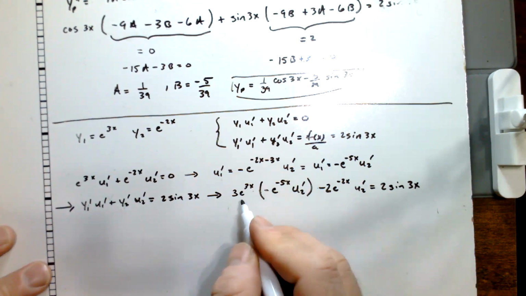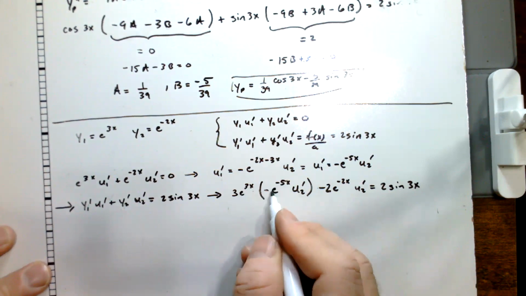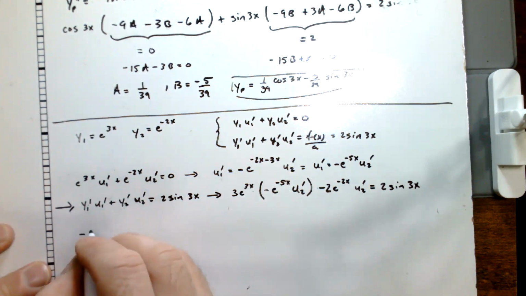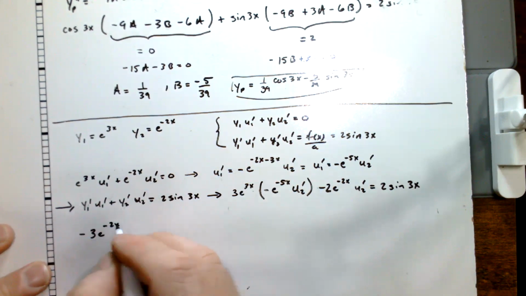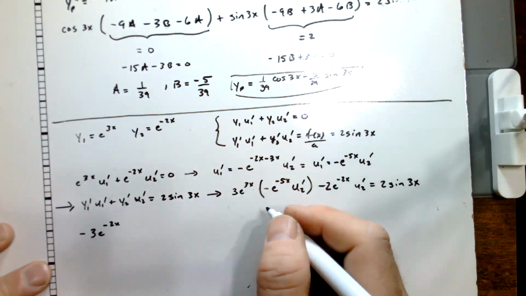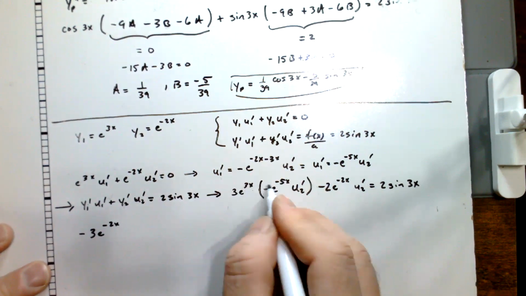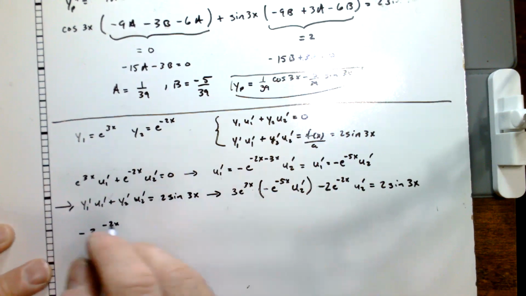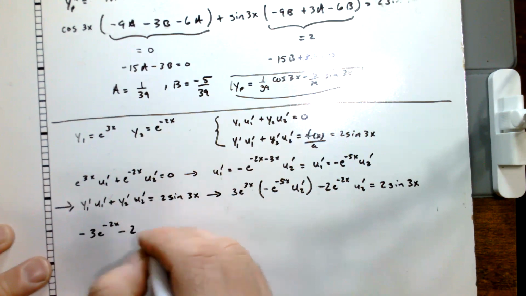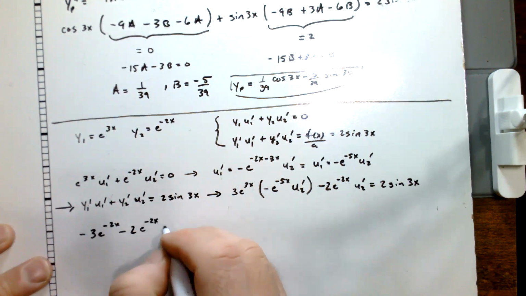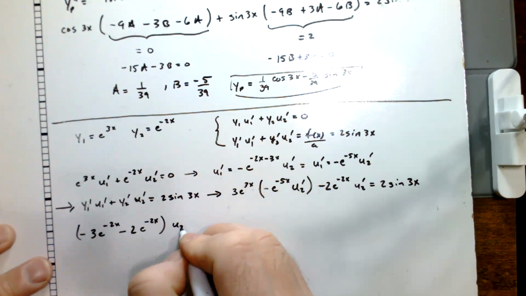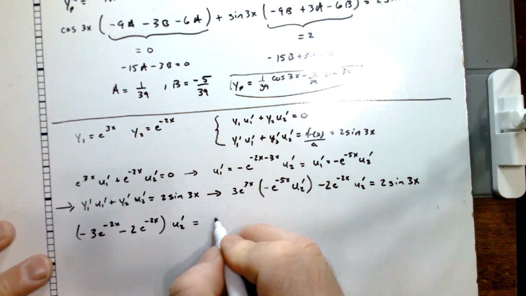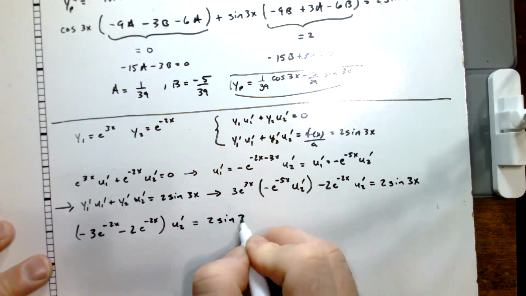Now, if I multiply e to the 3x times e to the negative 5x, the minus sign will come out. You're left with the minus 3 e to the negative 2x, adding exponents when you have like bases. 3x plus a negative 5x is the minus 2x. That's a u2 prime, so I'm factoring that out. Minus 2 e to the negative 2x. I factored out the common u2 prime equals 2 sine of 3x.